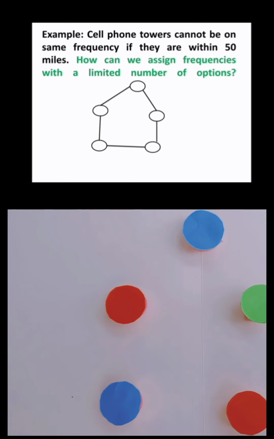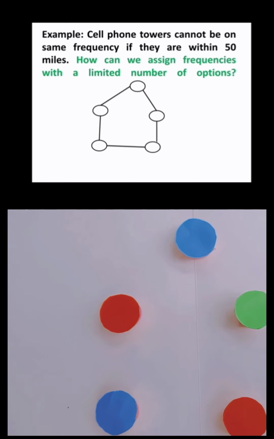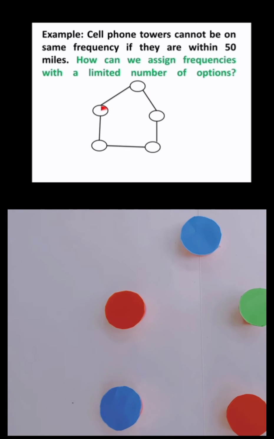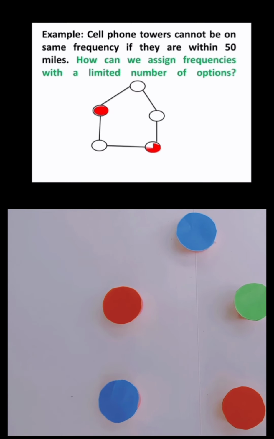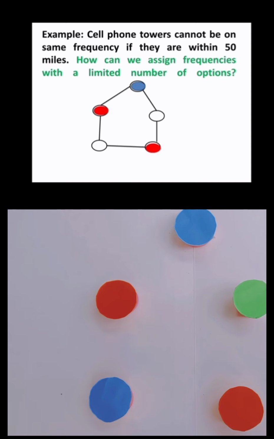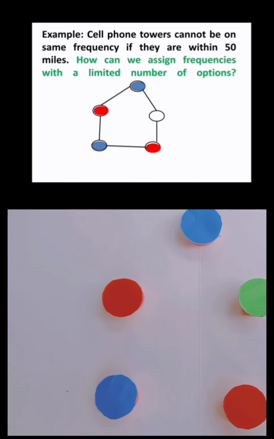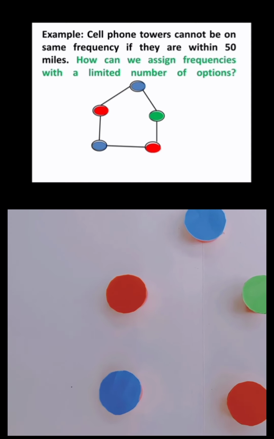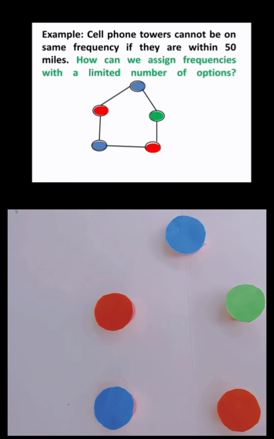So now the question is, how can we assign colors to the vertices so that we don't have what's called a monochromatic edge? We've colored this one red, the other is blue, and the last one is green. When we're doing this mathematically, it's easier if we think of assigning numbers.